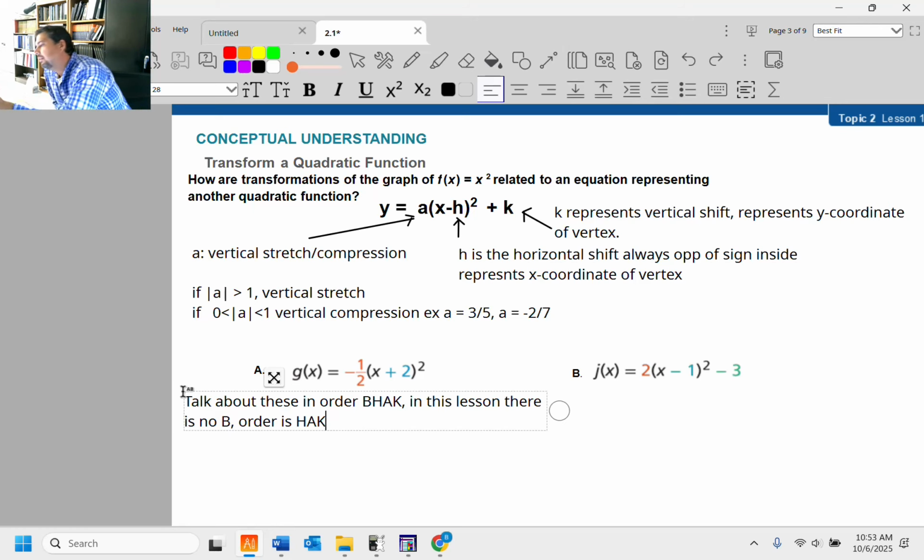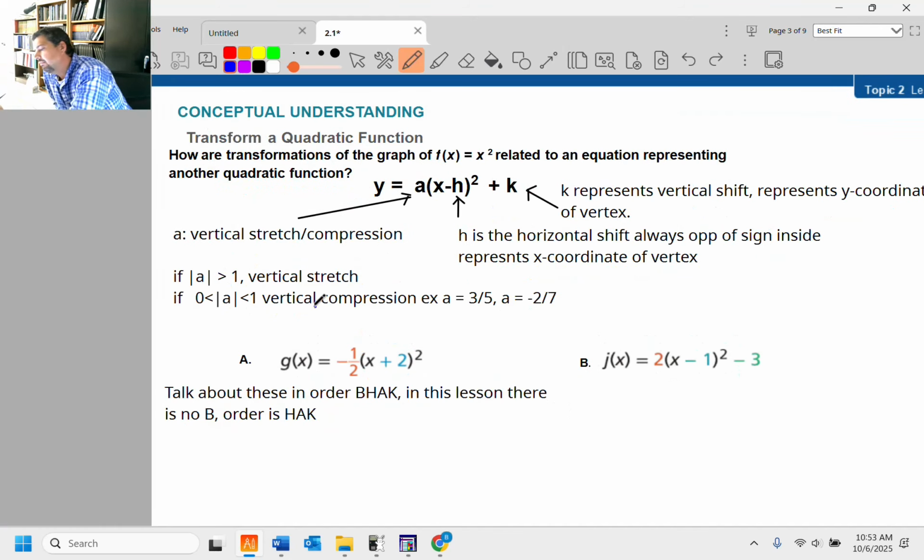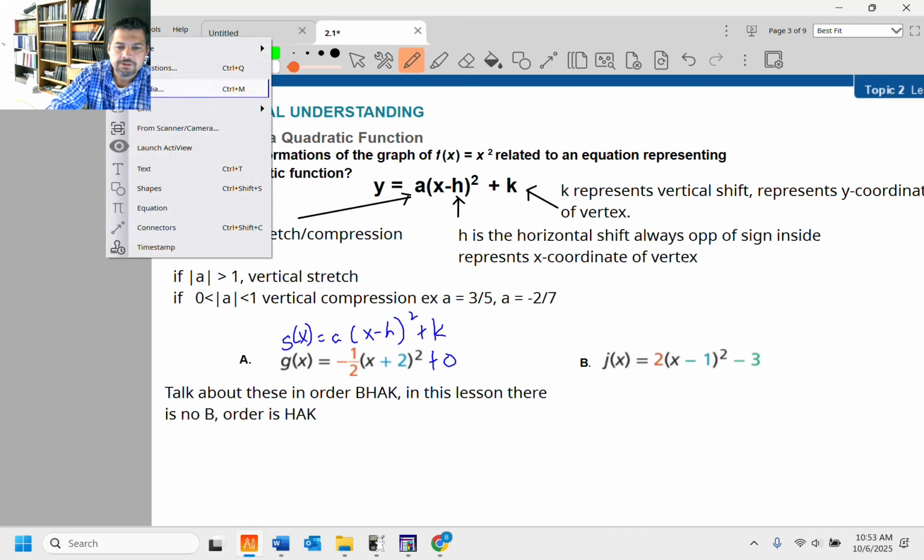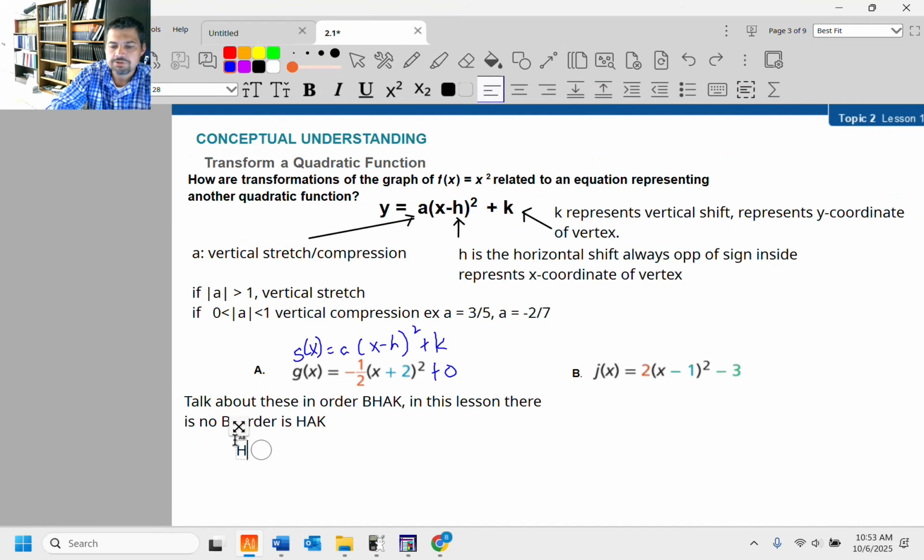So let's do a lineup process, and this is part of your note taking. We called this g of x, but it's in the form of a times x minus h squared, and technically there's a plus 0, so plus k. We're going to talk about things in the order HAK, okay? So we talk about h first. Remember, h is the horizontal shift, and h is -2, because remember, it's always opposite the sign inside.